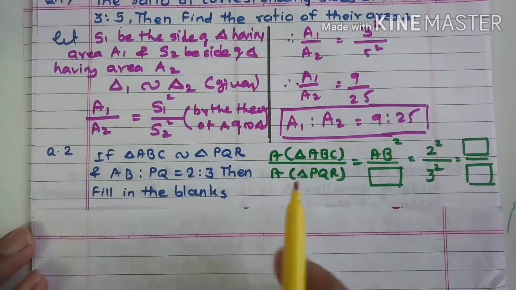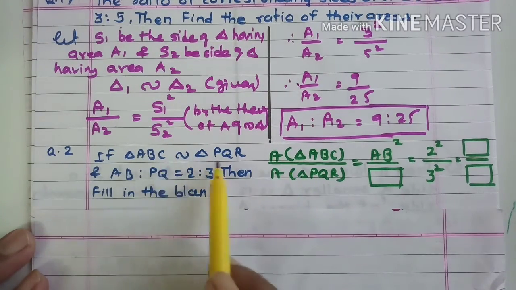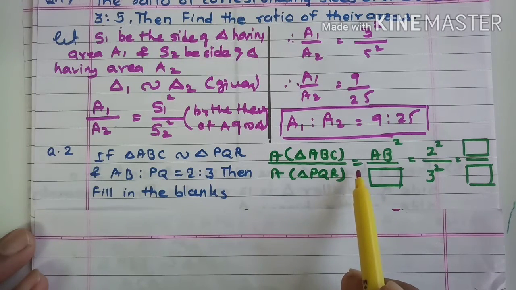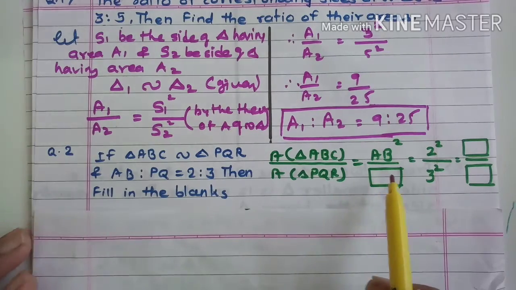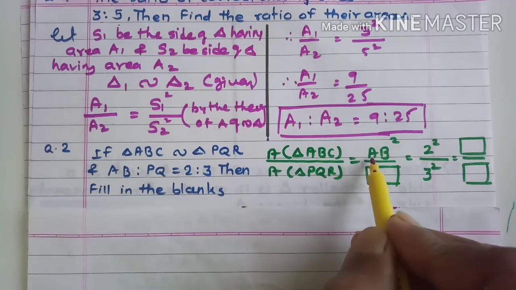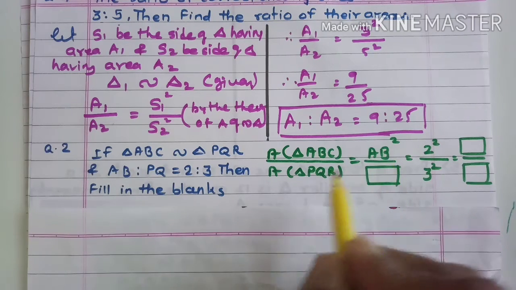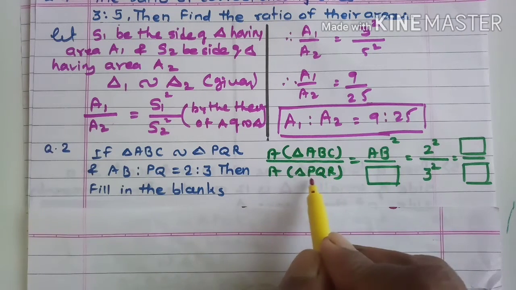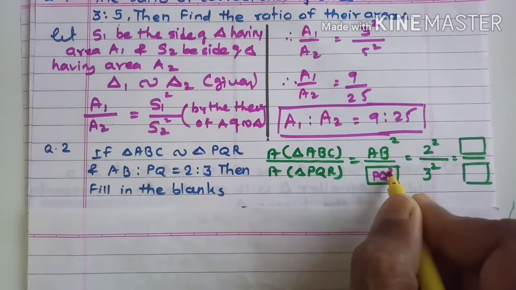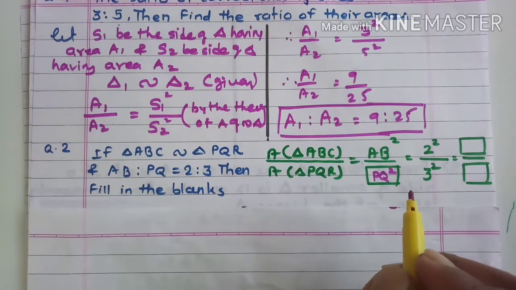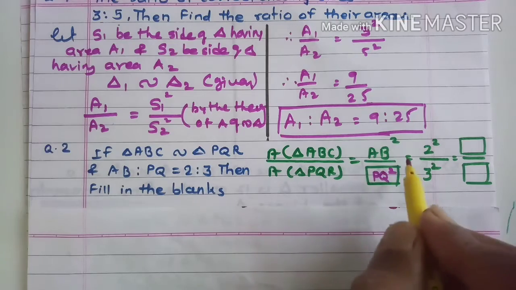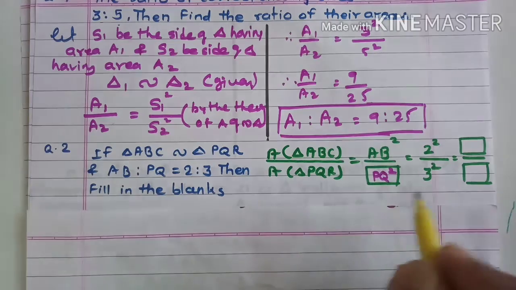We know the property: if the triangles are similar, then the ratio of the areas of two triangles is equal to the ratio of the squares of their corresponding sides. So here AB is given in the numerator, so the corresponding side of AB in PQR is PQ, so here we have to write PQ square. This is by the theorem of area of similar triangles. If space is given, then we have to write the reason also, but here the space is not given.